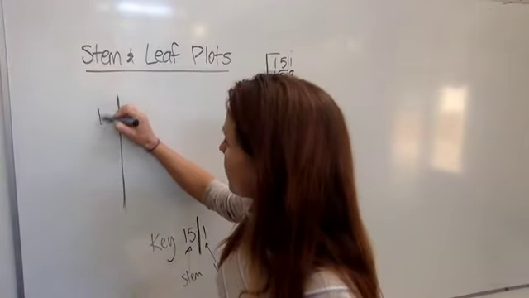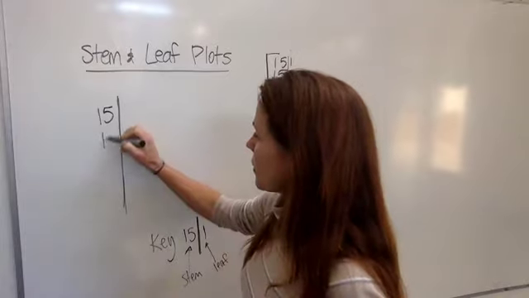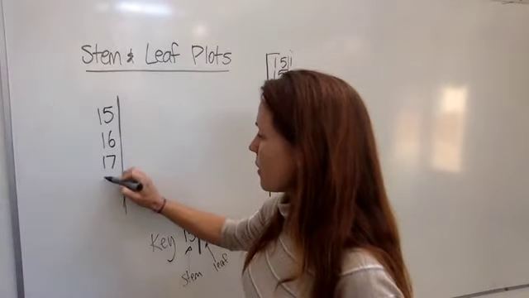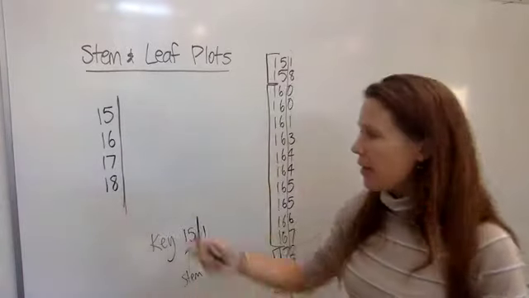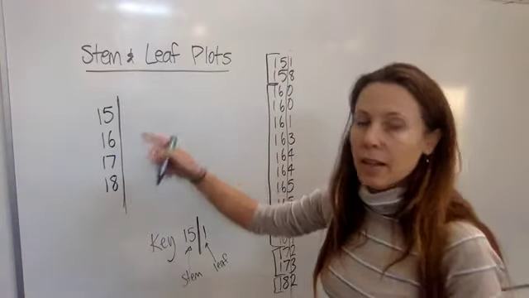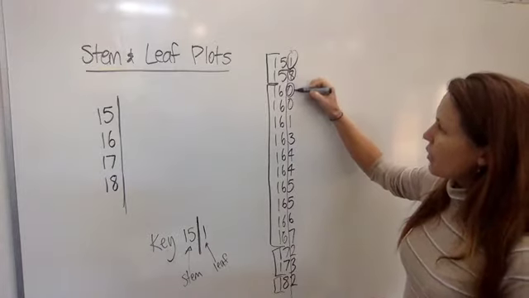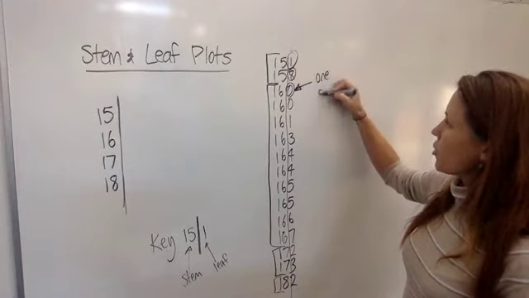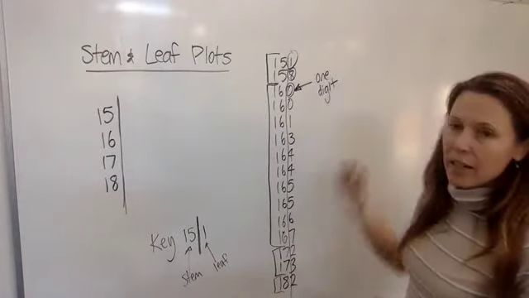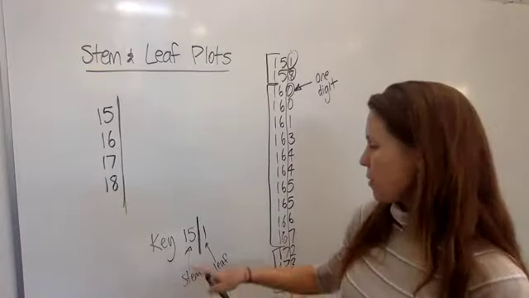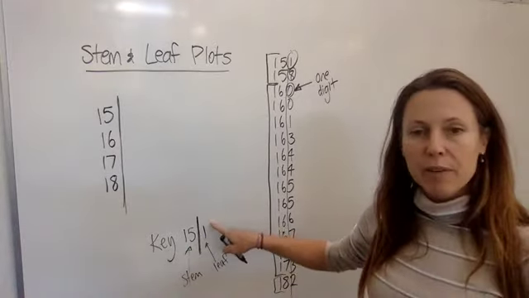So I'll write the 150 somethings here, 160 something, 170 something, 180 something, and then I'll write the something over here. Now the something, in other words the leaf, can only be 1 digit. So when you're breaking your numbers up, the stem can be as big as you like, but the leaf has to just be 1 digit.